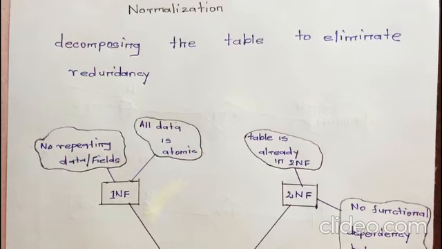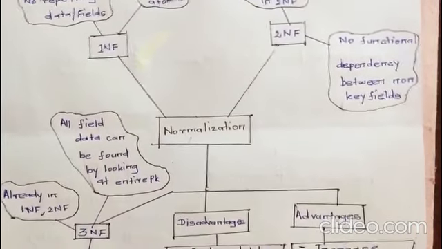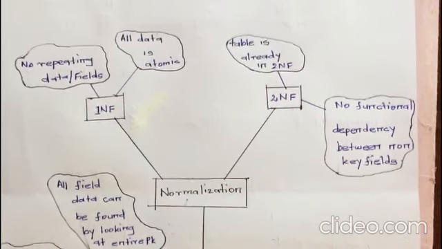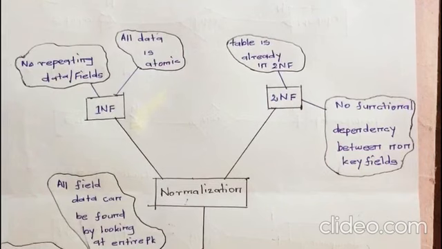Here I created a mind map for you to get a brief idea about the three normalization forms and their disadvantages and advantages. We are going to go through them one by one in this video.